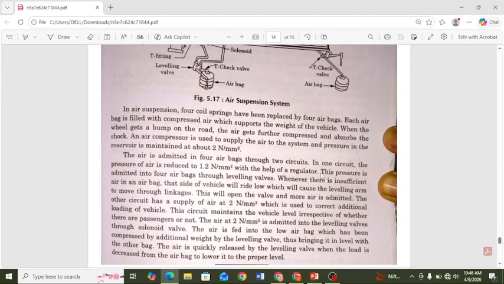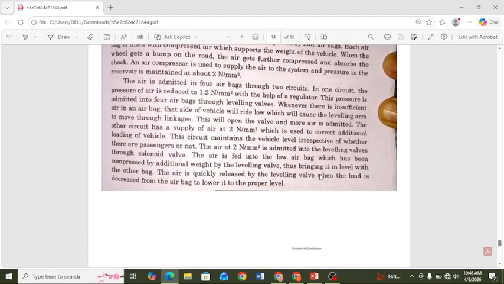So why are we using this? Because in one circuit the air is maintained at 1.2 Newton per meter square, approximately 1.2 bar, and when the valve opens, more air is admitted. The other circuit supplies air at 2 Newton per meter square, which is equal to 2 bar. When additionally loading the vehicle, this circuit maintains the vehicle level irrespective of whether there are passengers or not.